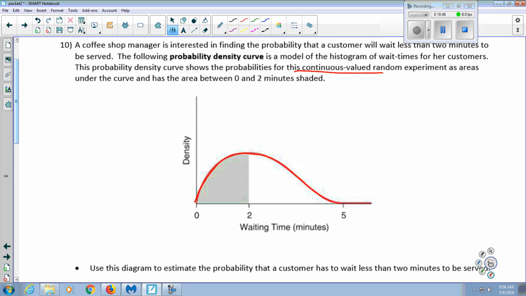Not the actual data. And if we want to know the probability that a person's been waiting between 0 and 2 minutes, we're going to be looking at that area in here. So this is similar to what we were just talking about, that the area under this probability density curve, this whole area here, is 1, okay?